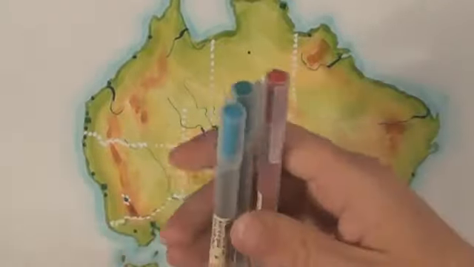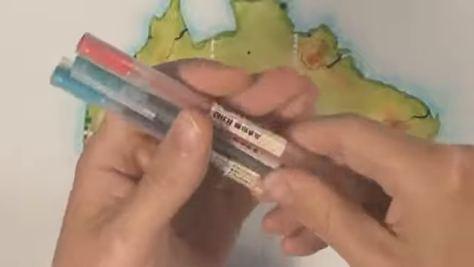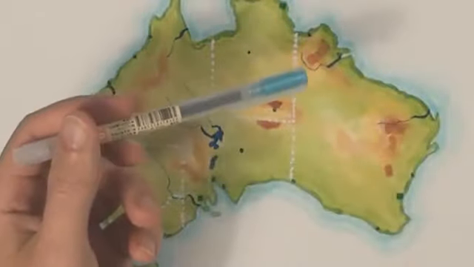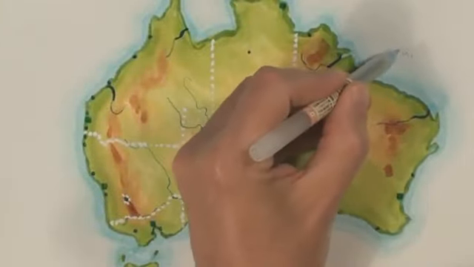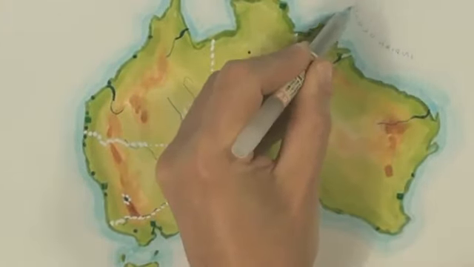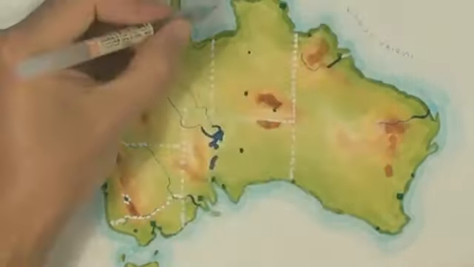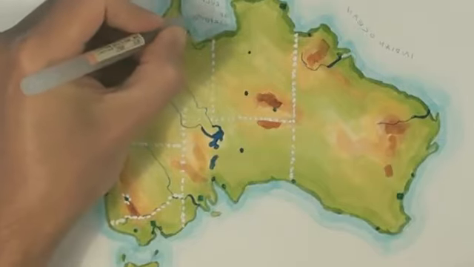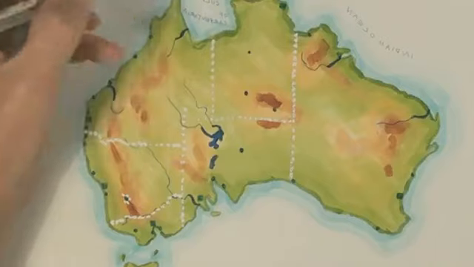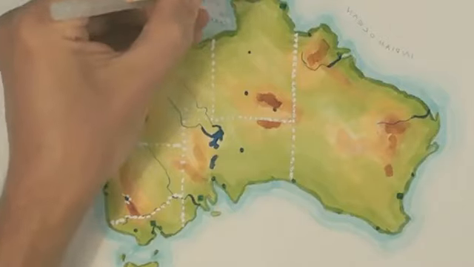I'll use these three colors. Pens are quite nice. I'll use the blue for water, and we have the Indian Ocean. Oh, Carpentaria. We have the Arafura Sea.